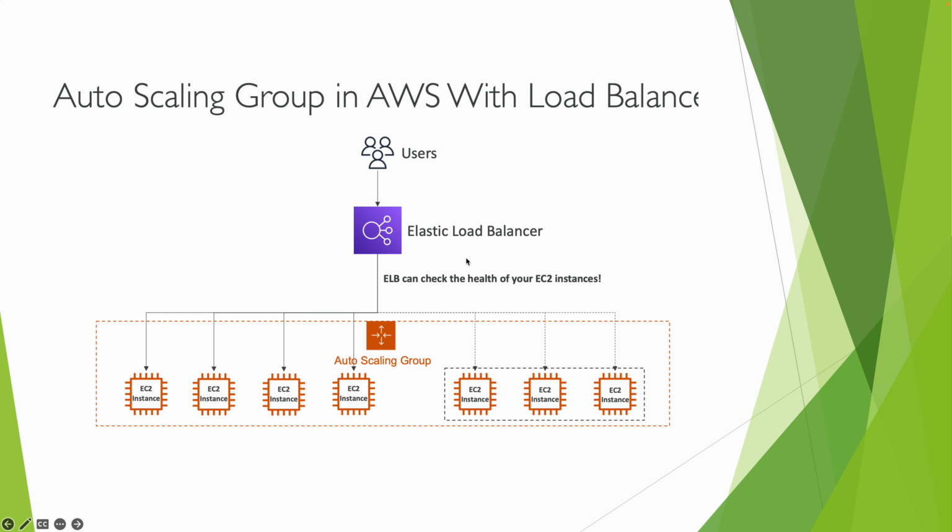Say the EC2 load balancer is getting more hits than the usual time, or say that you are running a restaurant and you have more orders on the weekends when compared to the weekdays. So when we come to the weekends, the load increases.